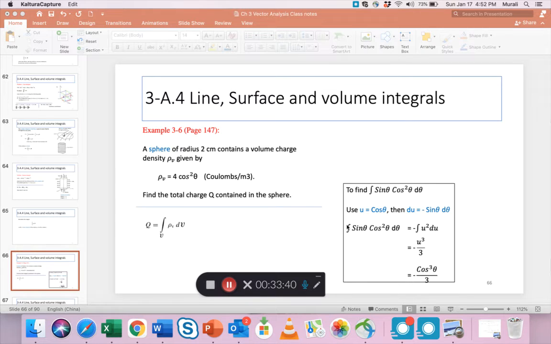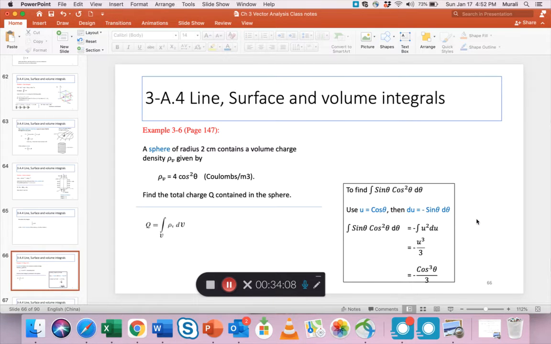You run into a situation where you have to find the integral of sine theta cos square theta d theta. Now the answer to this is minus cos cube theta by 3. You may know this, you may be good at integrals. But if you don't, then this is the way to solve it. I found this somewhere and I put this in to help you along.